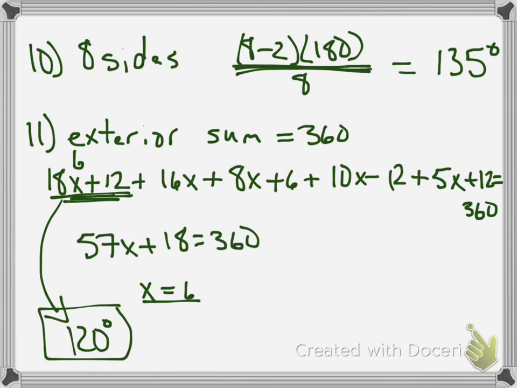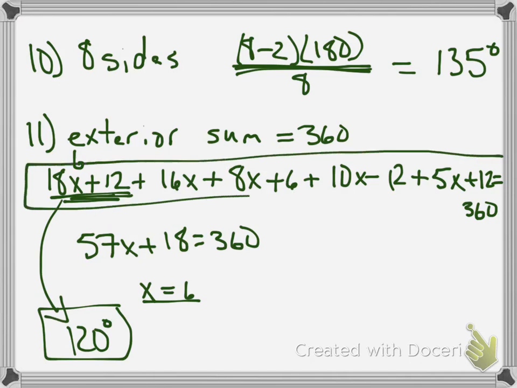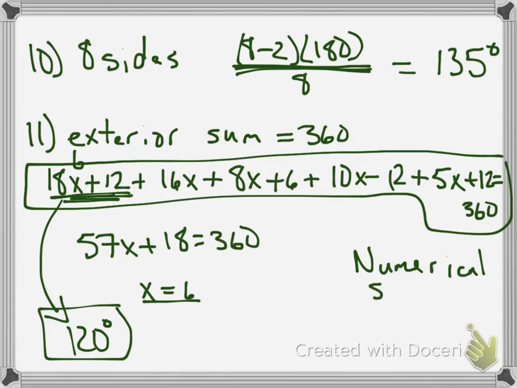If you don't think you can handle solving this type of equation, we now know we can use the numerical solve. If you're on the calculator page, type menu 3.1, and type in this equation, and don't forget the comma x at the end to make sure it's solving for x.